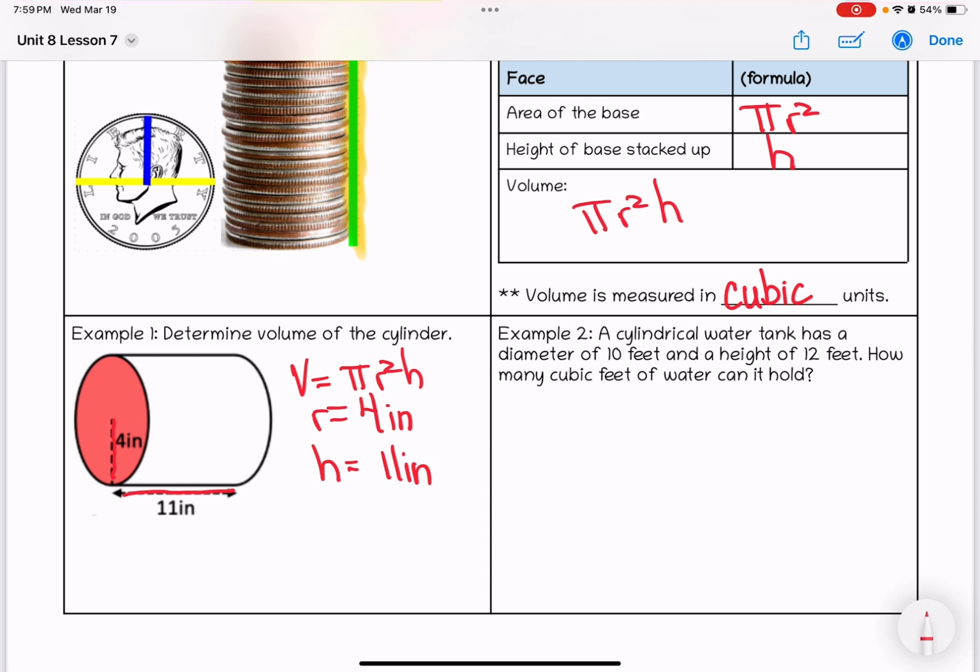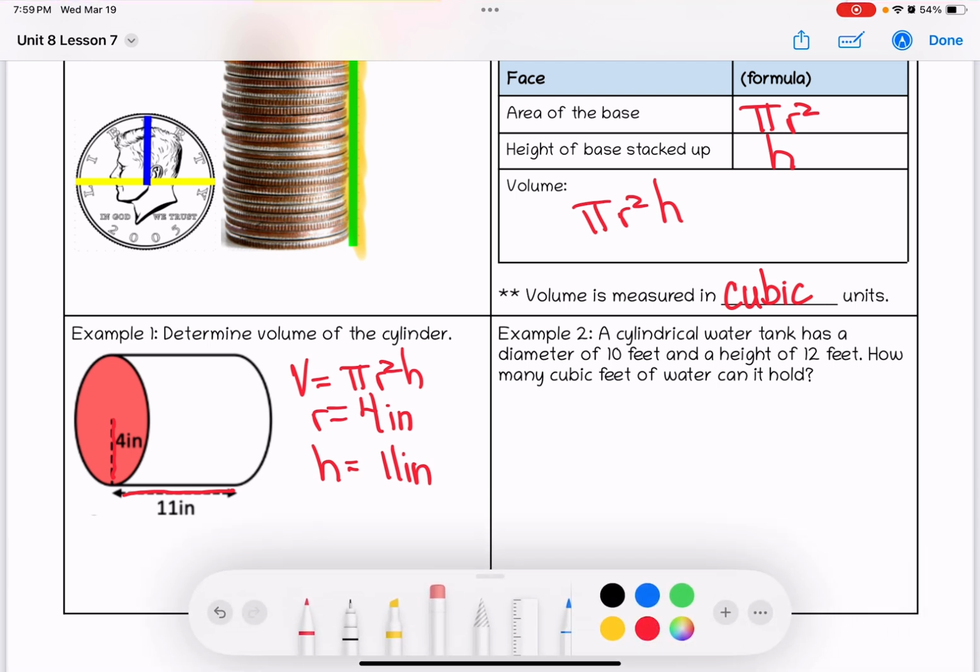So how can you tell which one is the radius and which one is the diameter? Inside the circle, you're going to look for a little dot. Normally it's going to be a dot with a line either going down or extending that way as well.